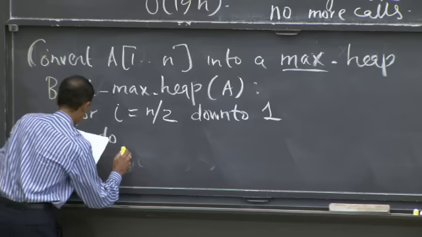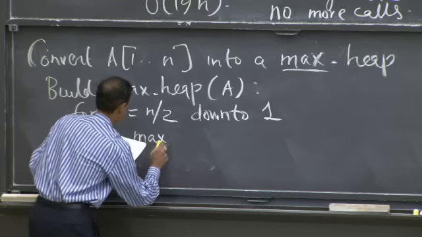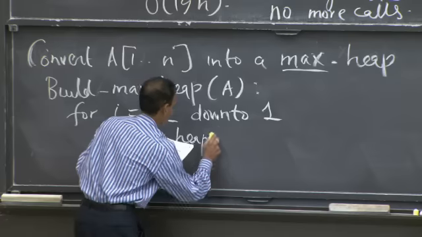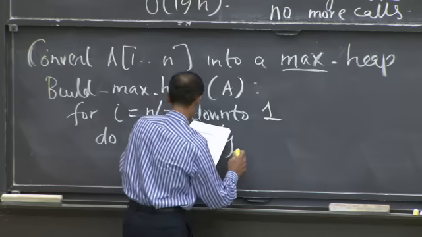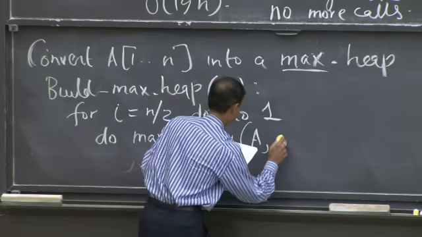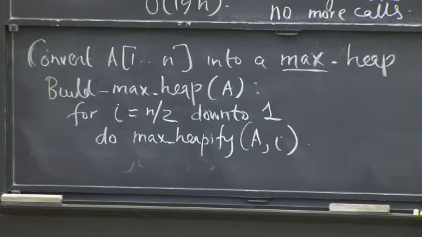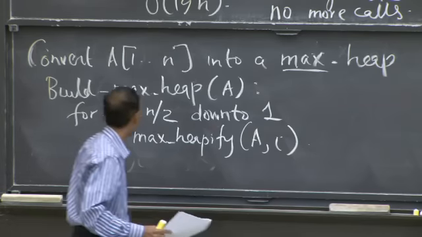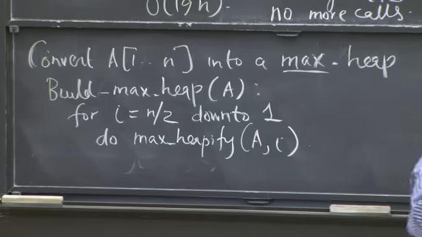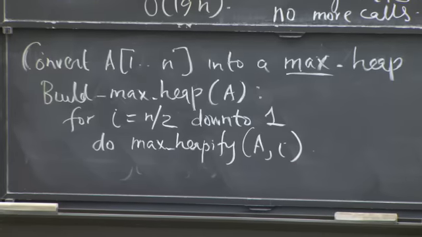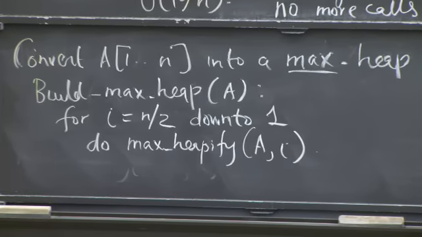And this is what it looks like. All right, that's it. Build max heap says go from i equals n/2 down to 1, okay? Max-heapify A[i]. All right?